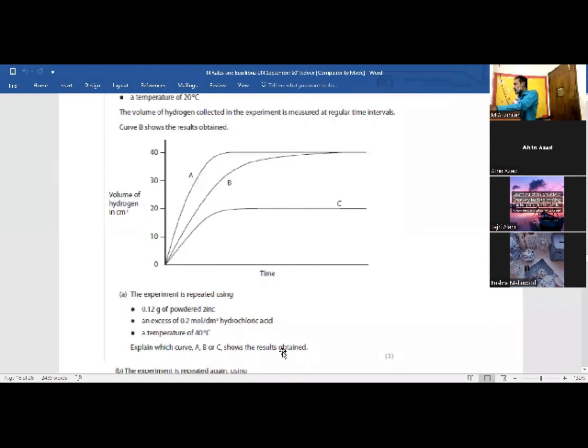Explain which curve A, B, C shows the results obtained. Excuse me, how many marks you get here? 3. Just তুমি বললে C বা A, এটা বললে 1 mark হবে. You get 1 mark for this. বুঝে গেছে? And you will have to explain করবে এই যে পয়েন্ট গুলো আমি বললাম, সেই পয়েন্ট ধরে এক্সপ্লেন করতে হবে to get another 2 marks. A, B, C এই তিনটার মধ্যে যে কোনো একটা লিখলে, লেটার লিখলে 1 mark হবে.